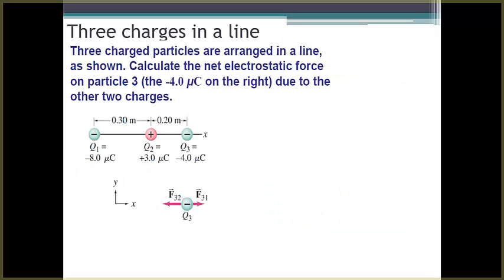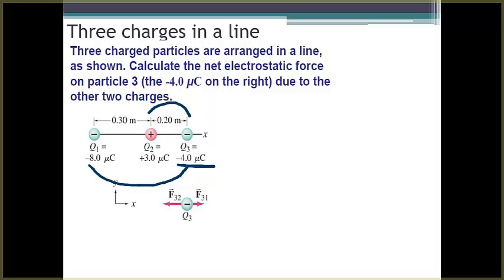Okay, let's complicate the situation a little bit and put 3 charged particles in a line. I want to know what the net force is on particle 3. So I want this guy right here on the end. If we think about what's happening, it's experiencing an attractive force from that positive charge in the middle, but it's also experiencing a repulsive force from charge number 1.